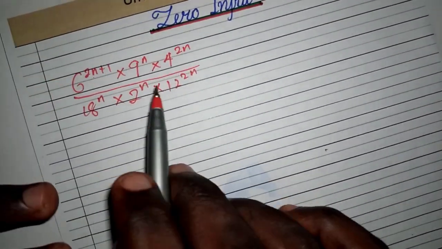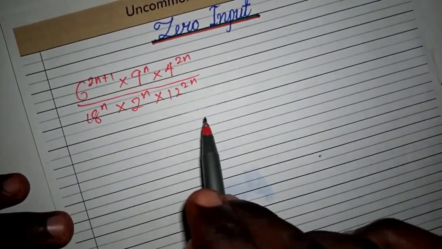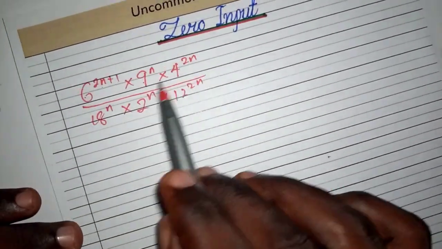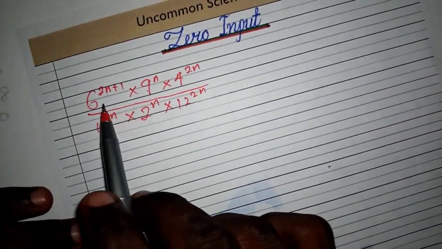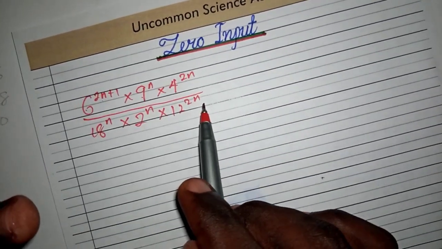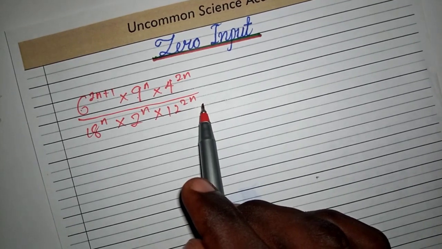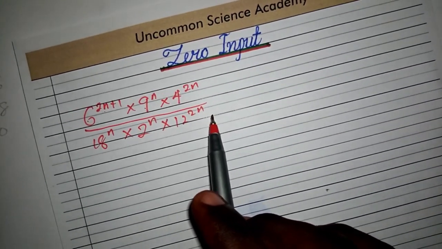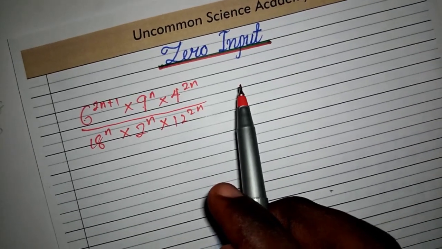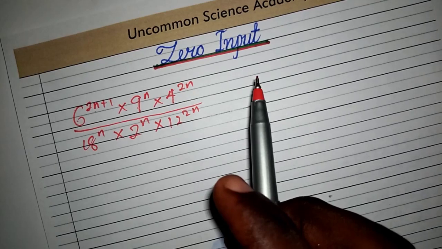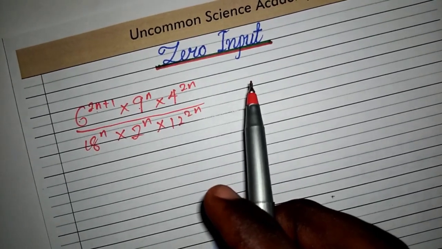Number 3, every element, what I mean by element is every number in this expression, must have the unknown as a power. Those are the 3 conditions that you need before you can apply this law. If any of these conditions is not satisfied, then don't use this law. The law will not work.